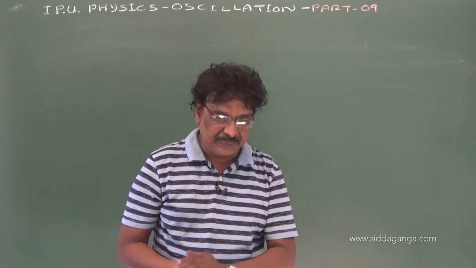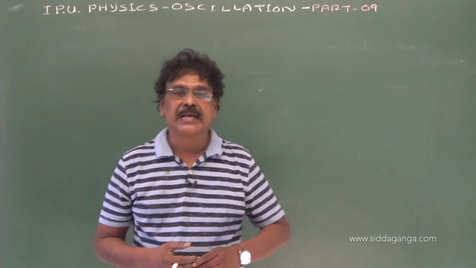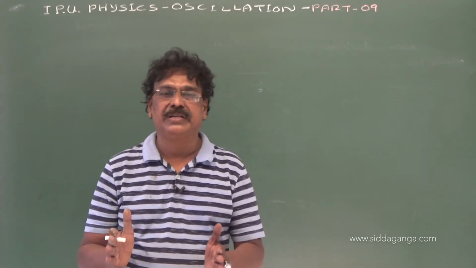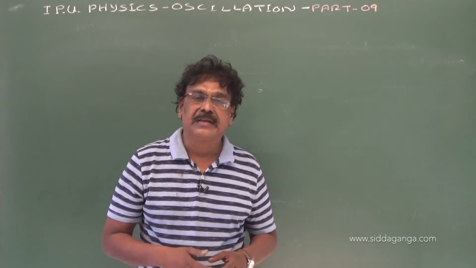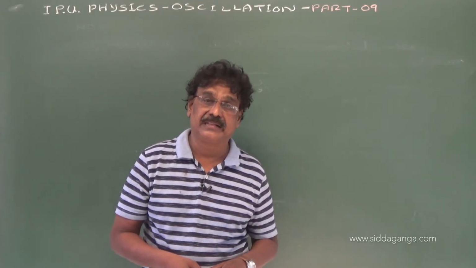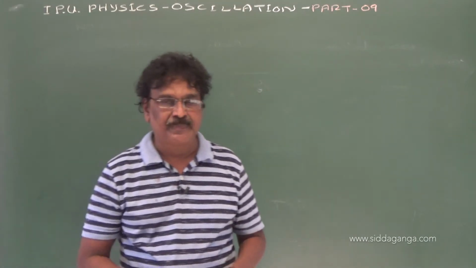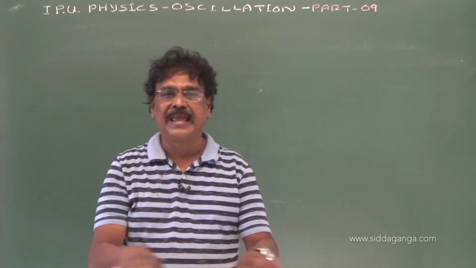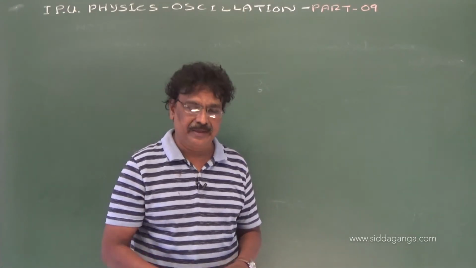Here there are two types of potential energies: gravitational potential energy and elastic potential energy. Gravitational potential energy arises due to work done against gravity. Let us imagine a stone lying on the ground, its potential energy is 0.